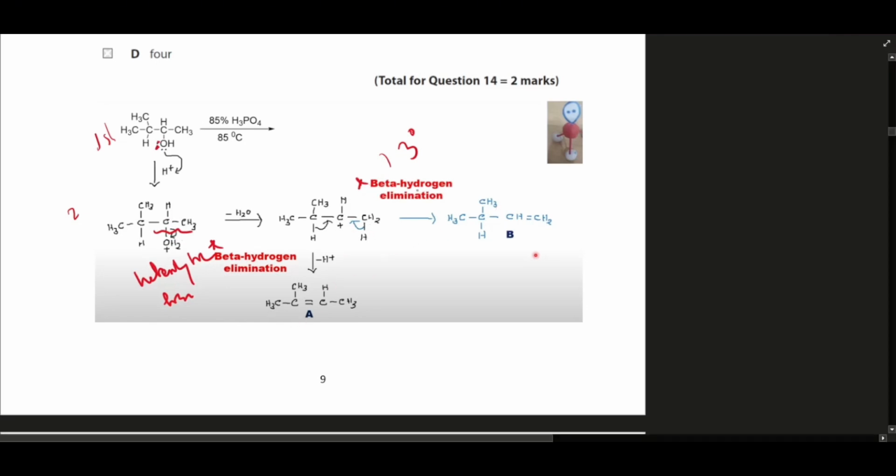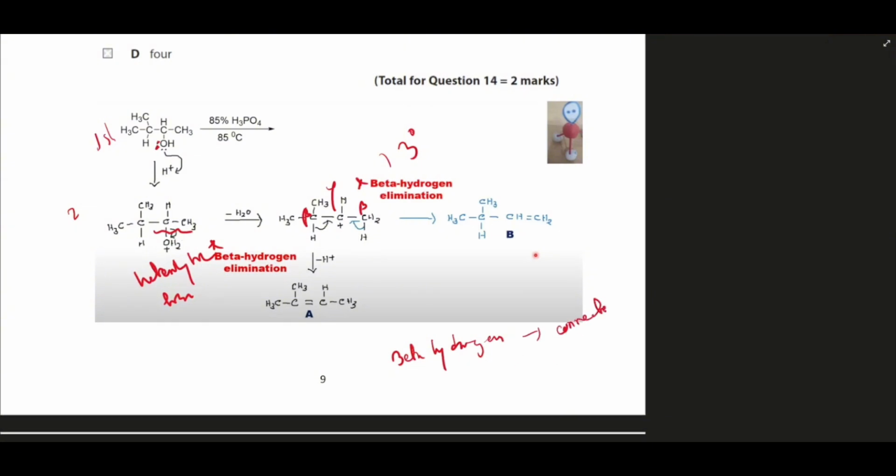For instance, beta hydrogen elimination. The hydrogens connected with the adjacent carbon atoms of the carbocation are known as beta hydrogens, and the hydrogens connected with the carbocation carbon itself are known as gamma hydrogens. A little bit outside the syllabus, but this is how it is.